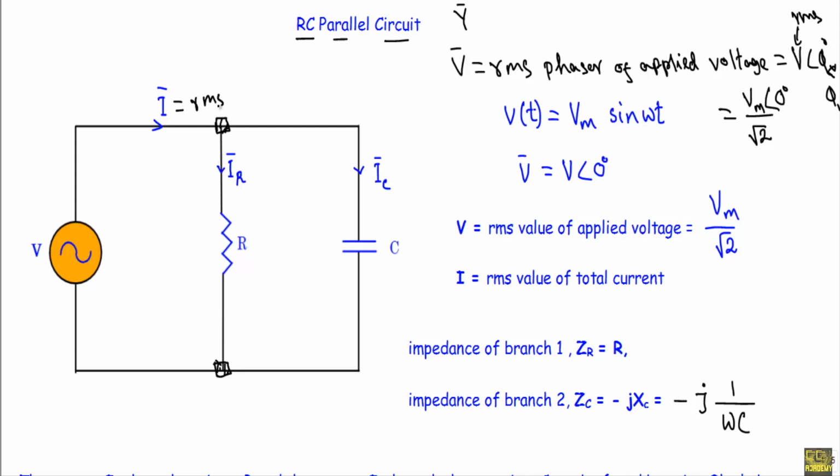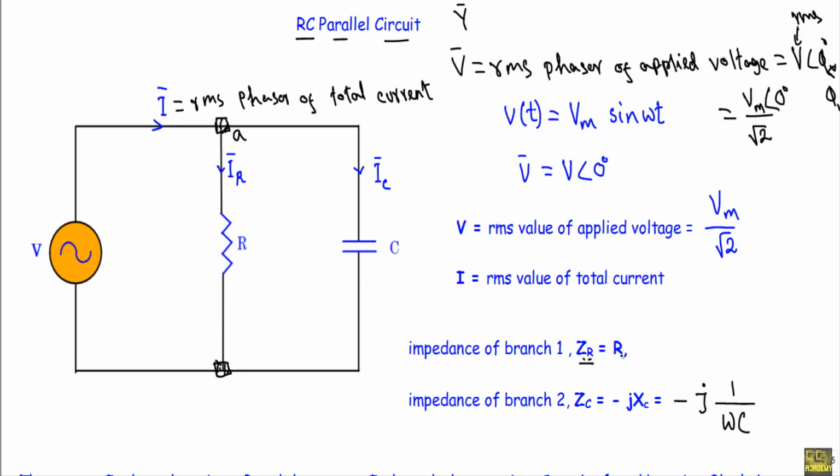Okay, and the RMS phasor of total current will be I. Now see, in this branch we have this resistance R, in this branch we have this capacitance C. Let's say this is our branch 1, therefore this branch impedance will be ZR.